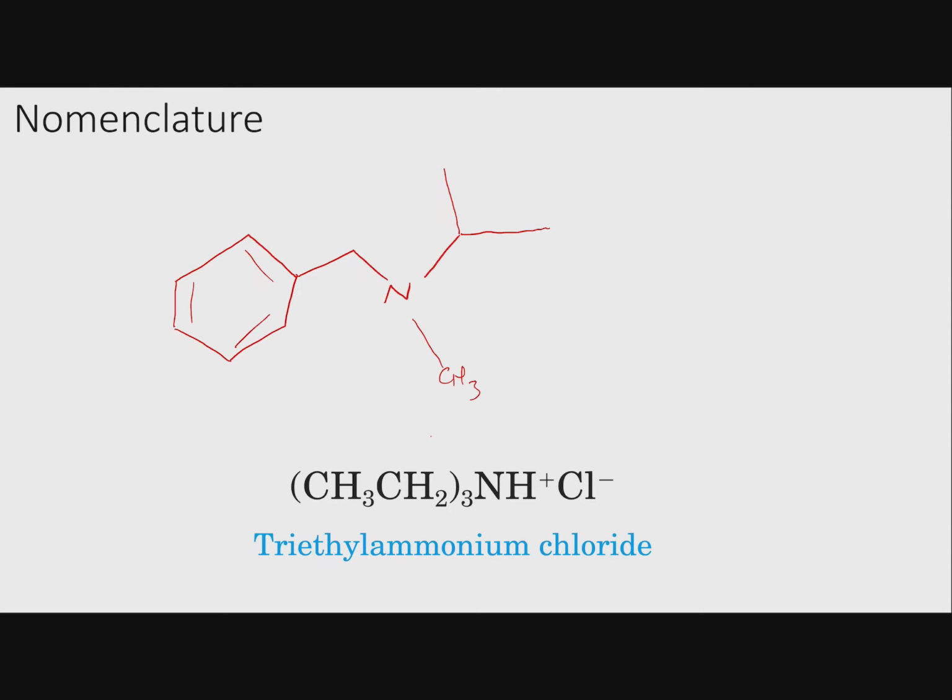This looks complicated, but if we use the common name, which means we just name all the different groups and say amine, we see that there's just a methyl on here, there's an isopropyl, and there's a benzyl. Benzyl includes this carbon and the aromatic ring. So in alphabetical order, it's benzyl isopropyl methylamine, just like that.